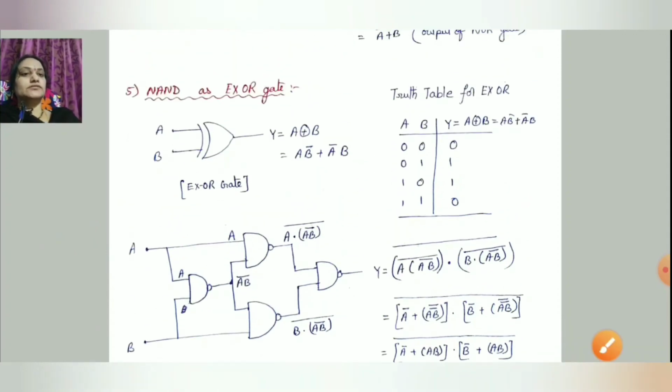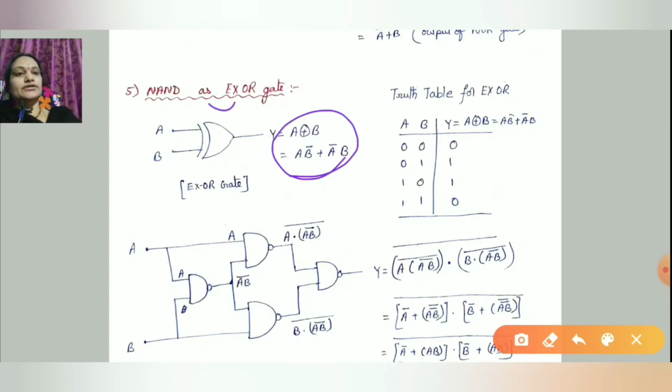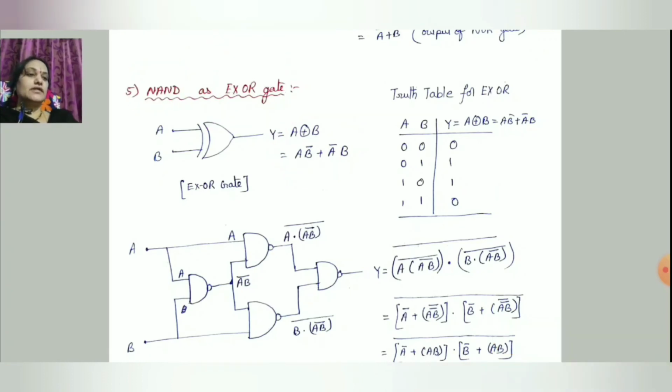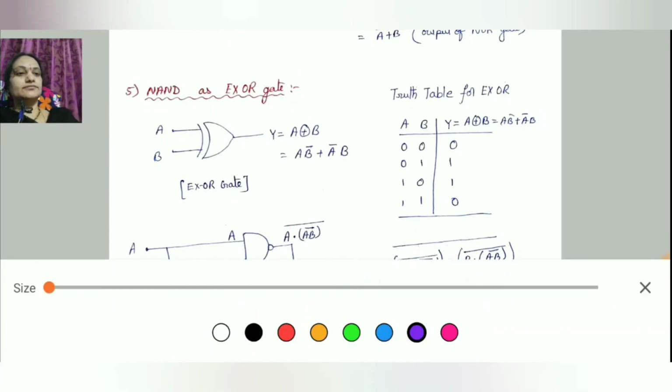So we got this expression without using XOR gate. That is why NAND gate acted as XOR gate.